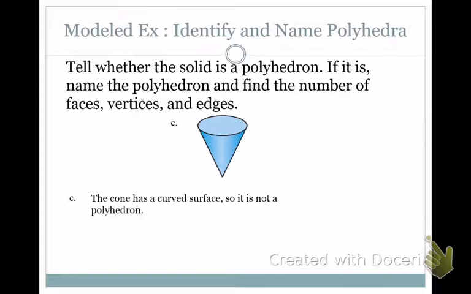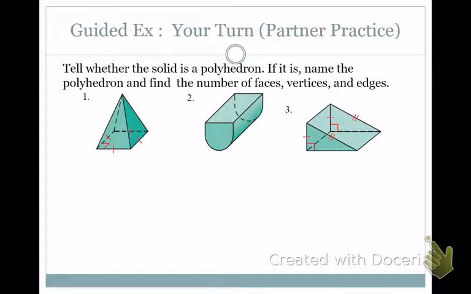It's not a polyhedron. Okay, you guys go ahead and do these on your own. If you want to work with your neighbor, you can. Go ahead and name these as polyhedron or not, and then identify faces, vertices, and edges.